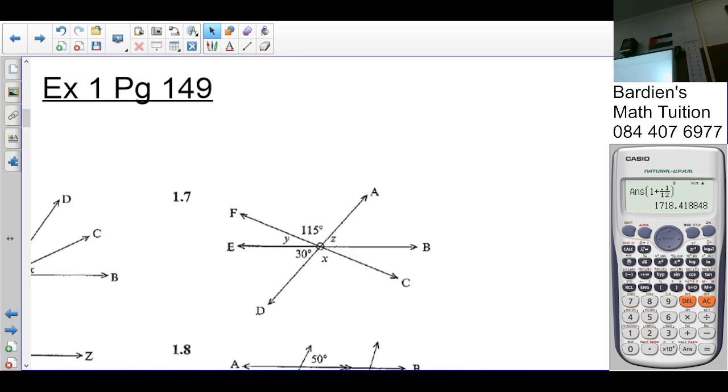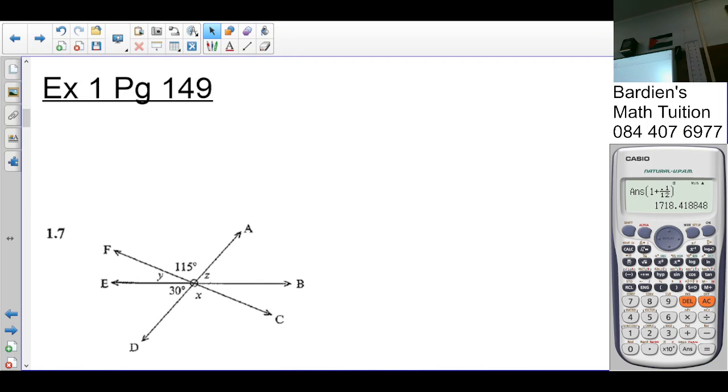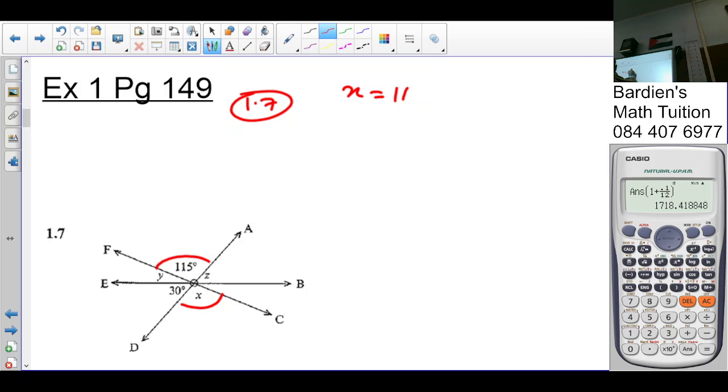Right, let's go to 1.7. We calculate x first. Why? It's easy now, no? x is equal to 115, vertically opposite.